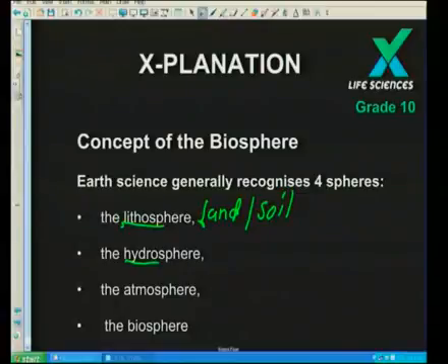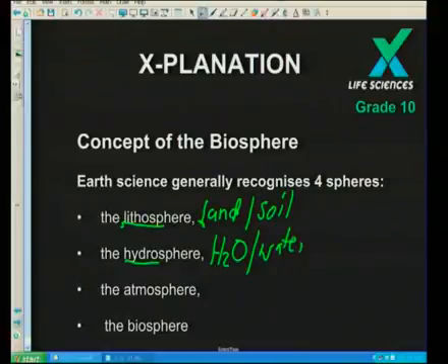All right, from there on, we're going to move on to the hydrosphere. Hydros means water. A good way to remember hydrosphere is if we look at H2O, which is water. So we're going to put that H and that H, and that is how you're going to remember hydrosphere, water.